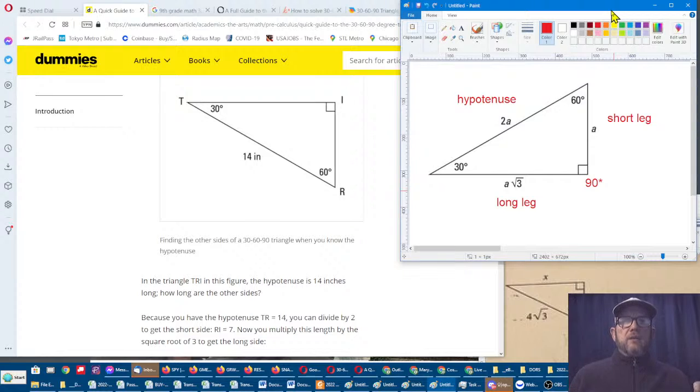Let me talk about the basic right angle triangle and the terminology just to make sure you and I are on the same page. A right angle triangle always has a 90-degree angle, drawn with that little square, because it looks like a square.